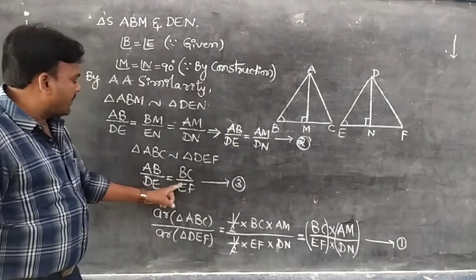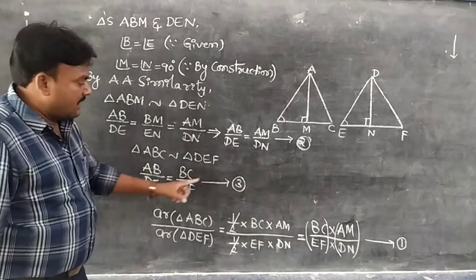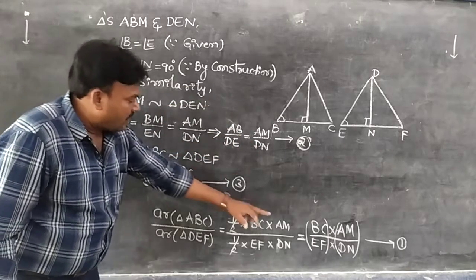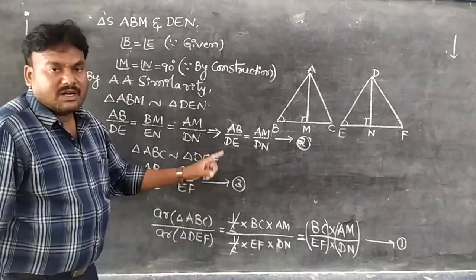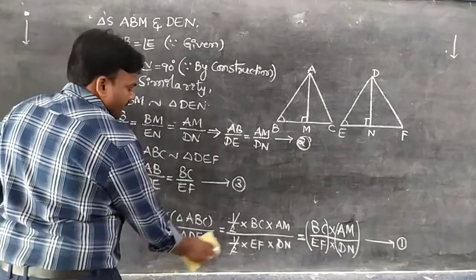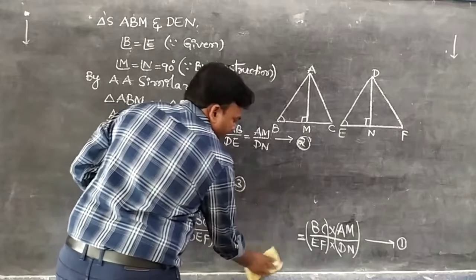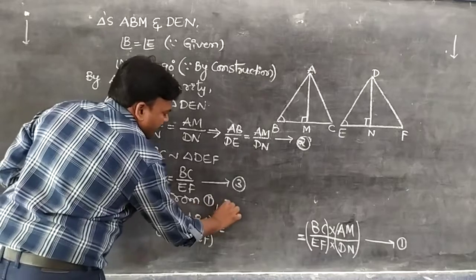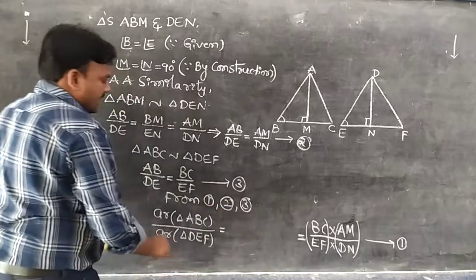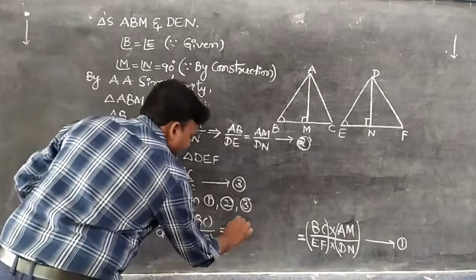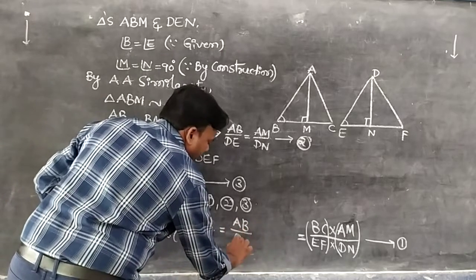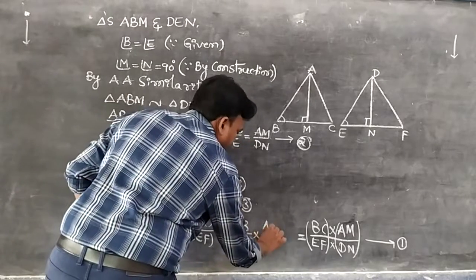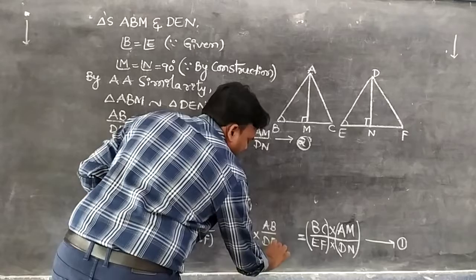So replace BC by EF with AB by DE, and replace AM by DN with AB by DE, substituting from equations 1, 2, 3. So BC by EF is replaced by AB by DE, and AM by DN is also replaced by AB by DE.